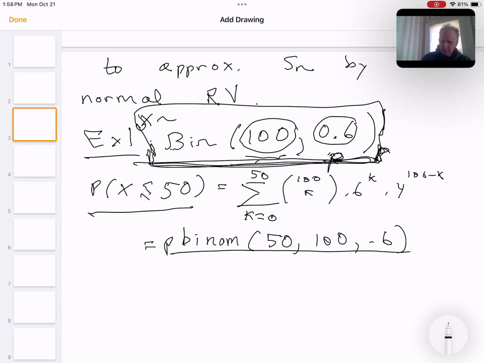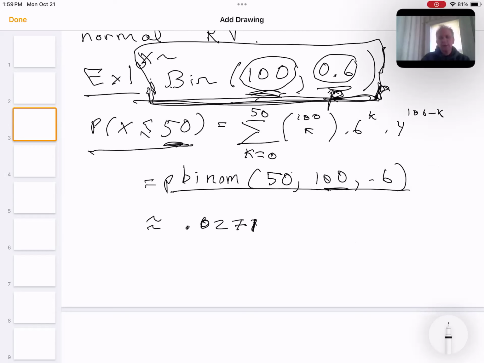This 50 is this 50, this 100 is this 100, this 0.6 is this 0.6. In other words, it's the CDF evaluated at 50. If I do this, I get, to the first 3 significant digits, something like 0.271, I think.